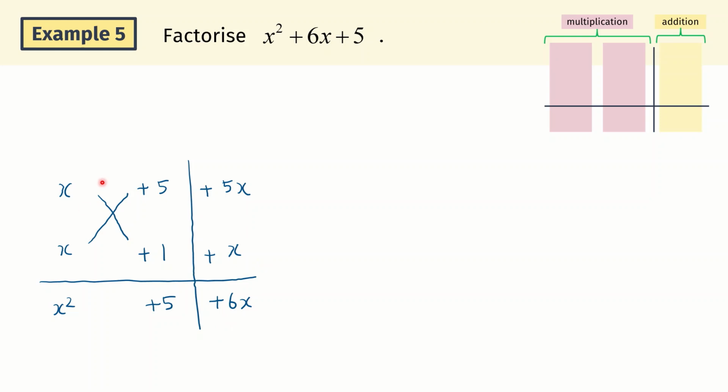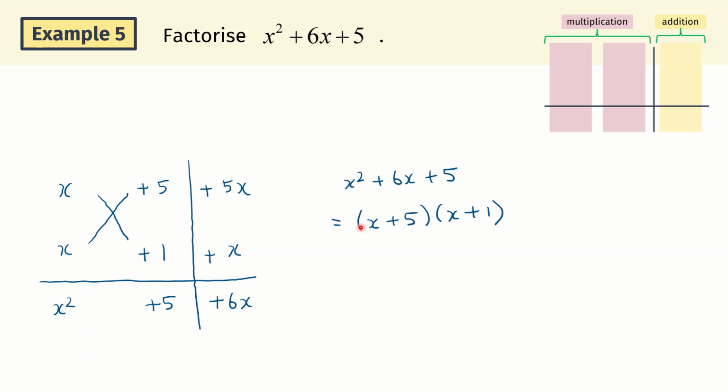But this is just the process that we have to go through. It is not the answer. The answer will be x squared plus 6x plus 5 equals to x plus 5 multiplying by x plus 1. So how did I get this? I got it by looking at this row over here. x plus 5 and then x plus 1.